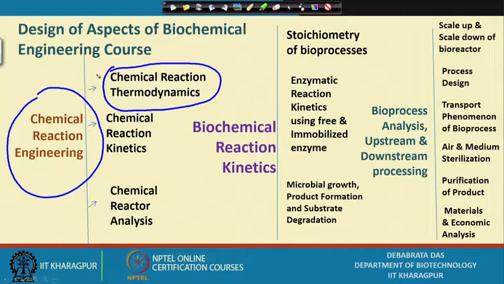Thermodynamics plays an important role in any chemical reaction, and from it we can find out the nature of the reaction, whether it is spontaneous or non-spontaneous, and to what extent the reaction takes place.